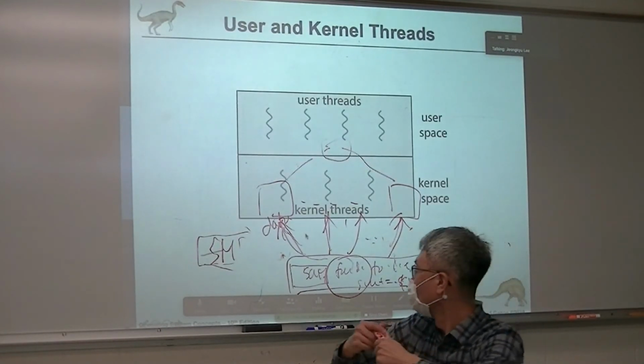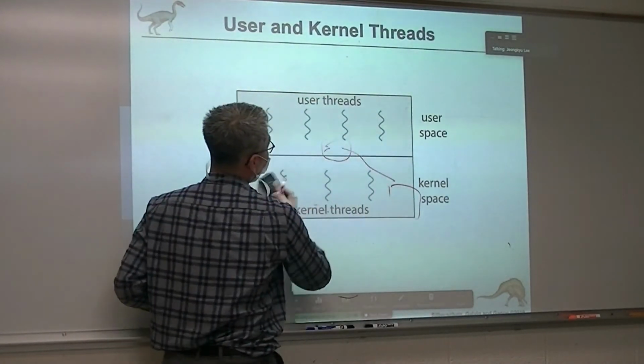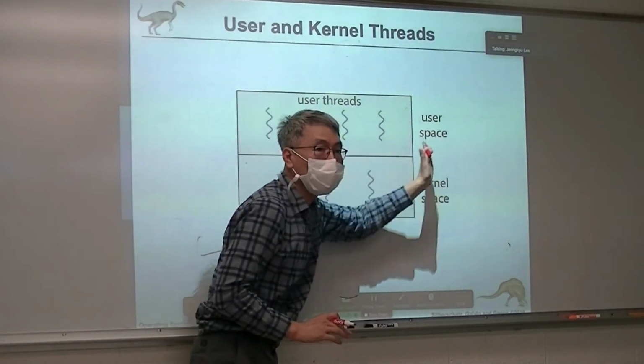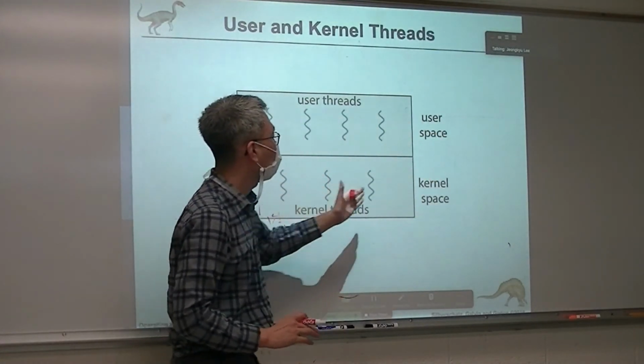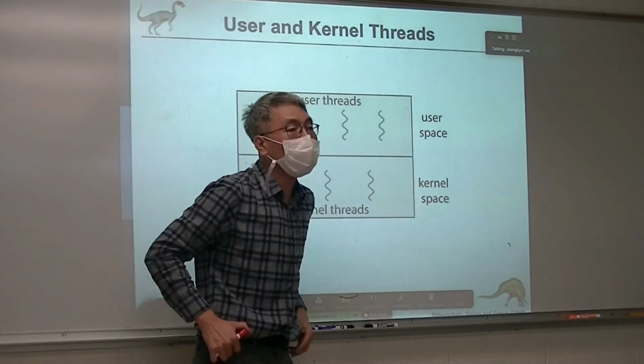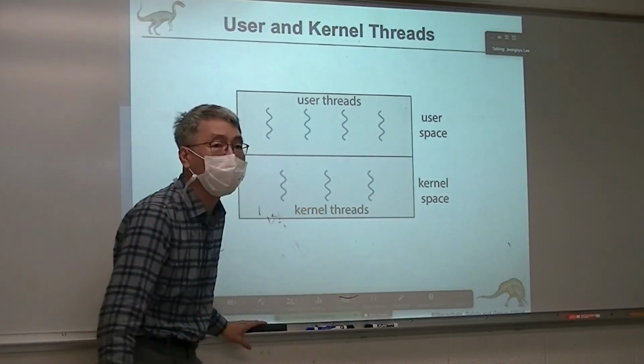Because of the characteristics of the operating system, user mode and kernel mode, we have user threads running on user space and kernel threads running on the kernel space, the kernel mode. Which means, do I need to specify the kernel thread?